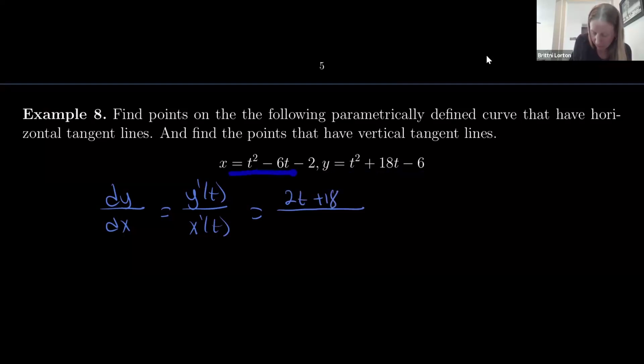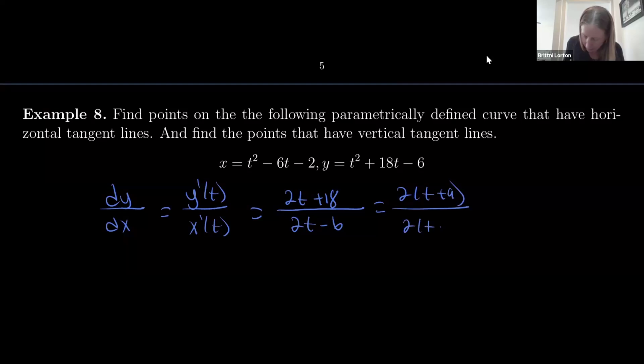And then the derivative of x, which is t squared minus 6t minus 2, is 2t minus 6. I suppose I could factor out a 2 on top and bottom to simplify, because there happens to be a 2 in common. And that gives me t plus 9 divided by t minus 3. Cool, I have the derivative.